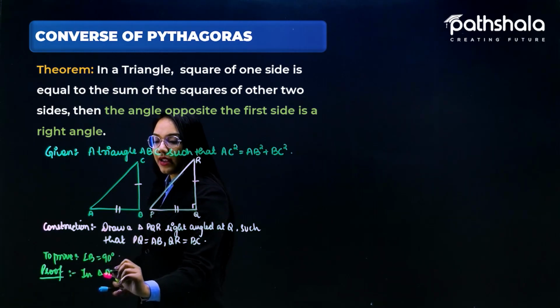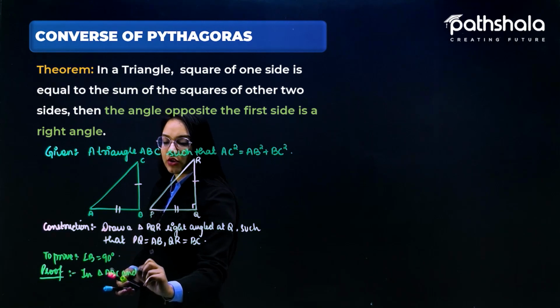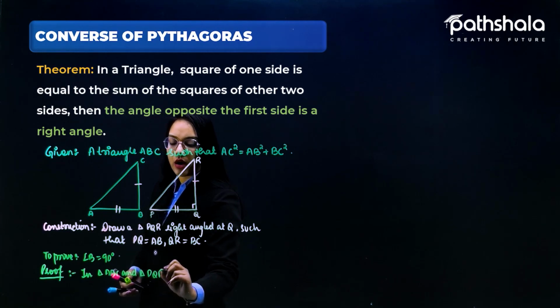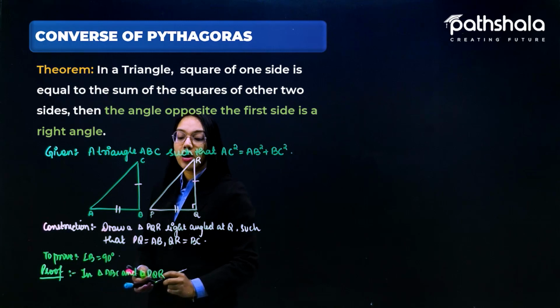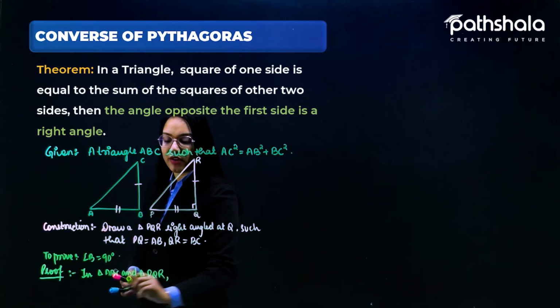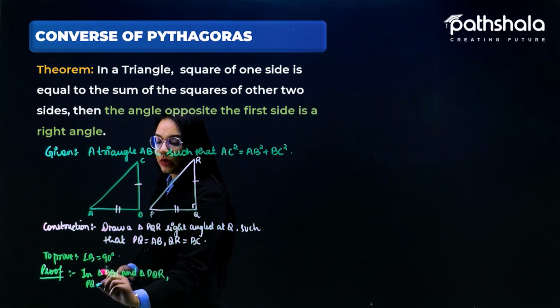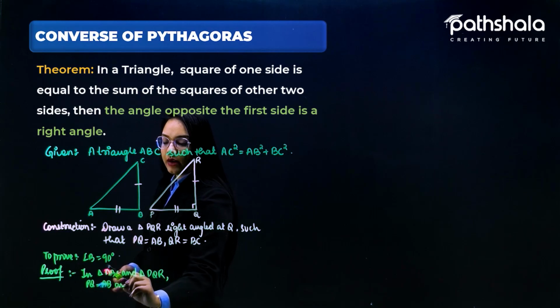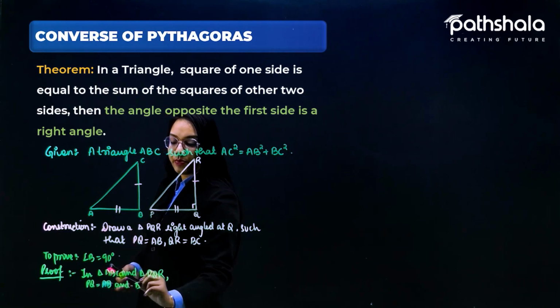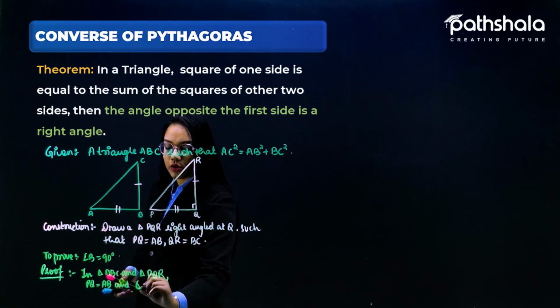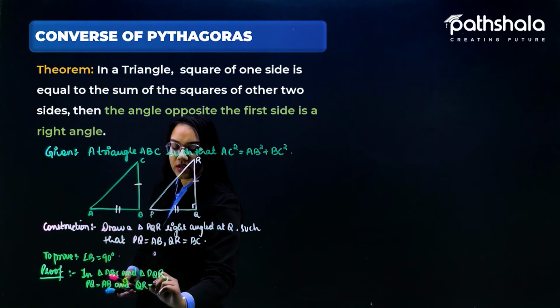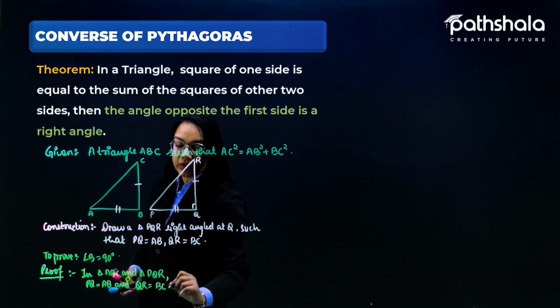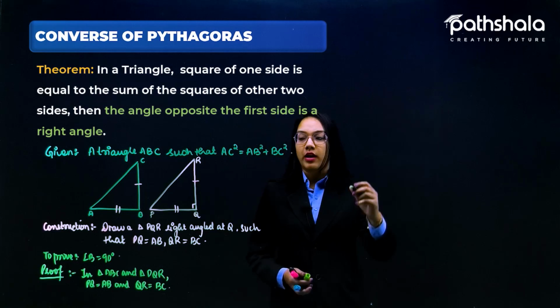In the triangle ABC and the triangle PQR, first of all we know that PQ is equal to AB, and we know that QR is equal to BC. Now let's talk about the triangle PQR.